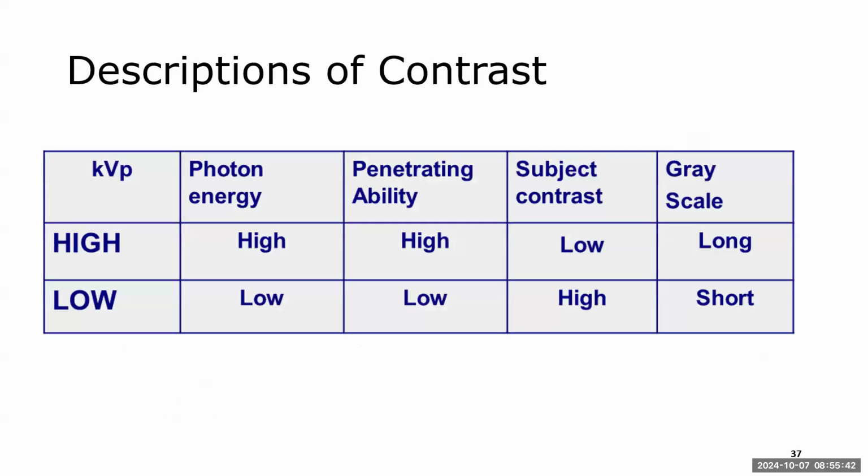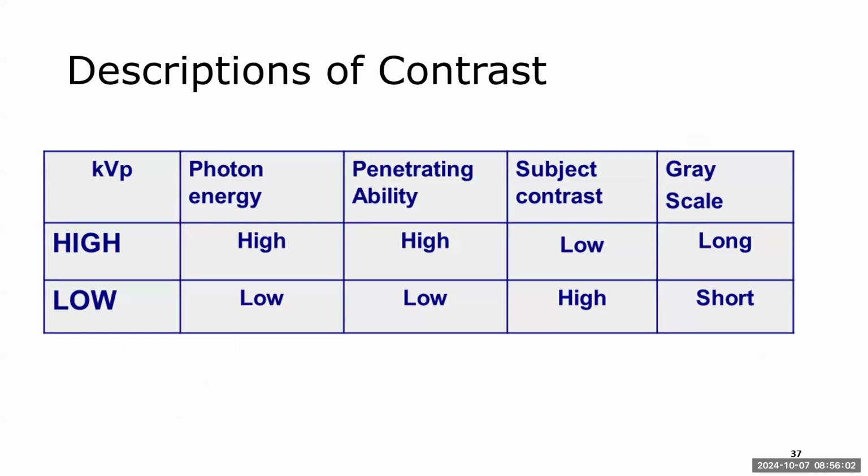Now this chart right here is going to help you sort through again what all we've talked about today. So we have descriptions of contrast. We talked about high kVp. Think back to that image of the penetrometers with the different step wedge.